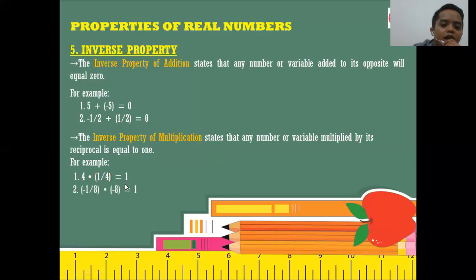How about negative 1/8? Of course, the reciprocal of negative 1/8 is negative 8. Then negative 8 here is your multiplicative inverse that makes the operation equal to 1.